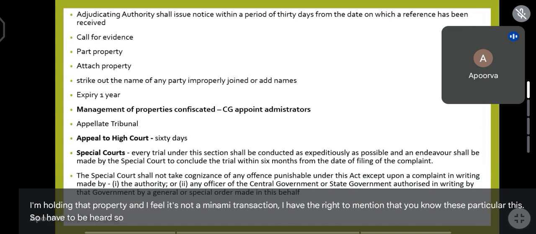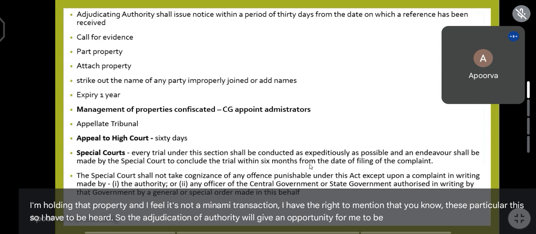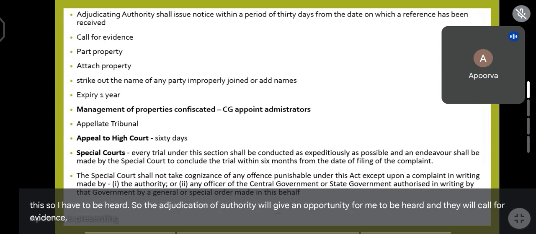The adjudication authority will give me an opportunity to be heard, and they will call for evidence. Whenever they call for evidence, the person will have to provide it.